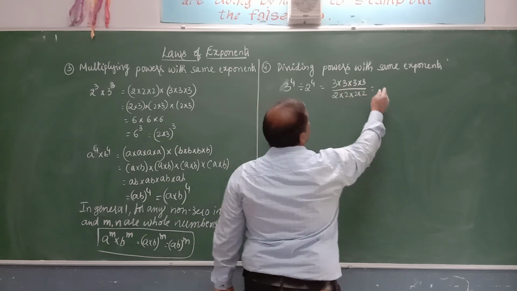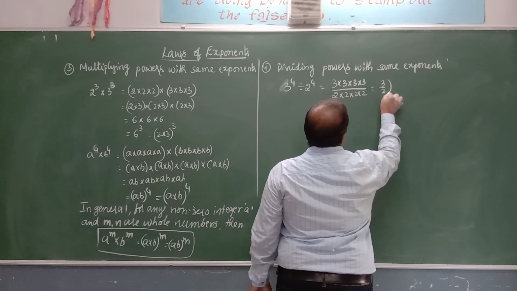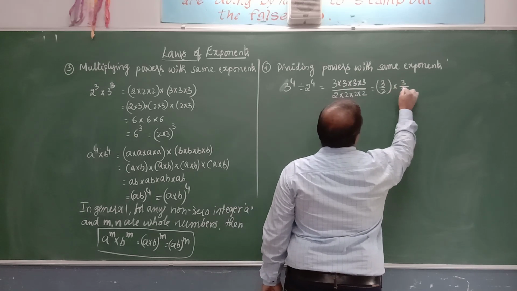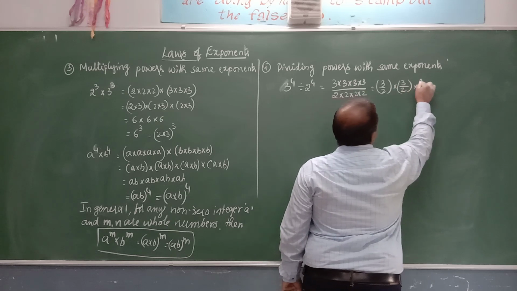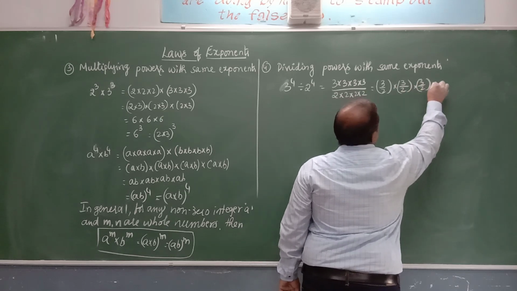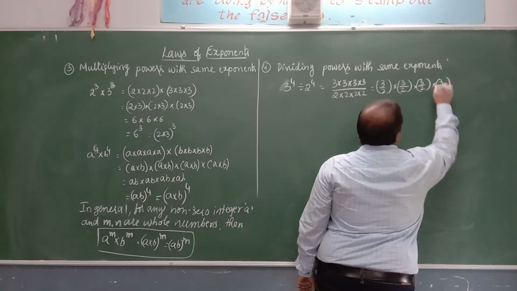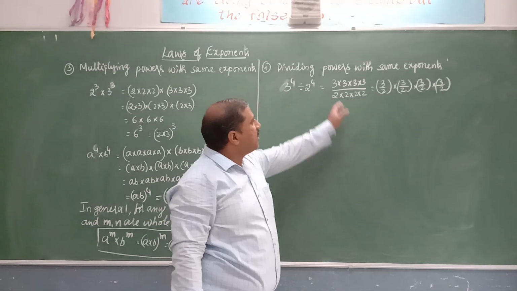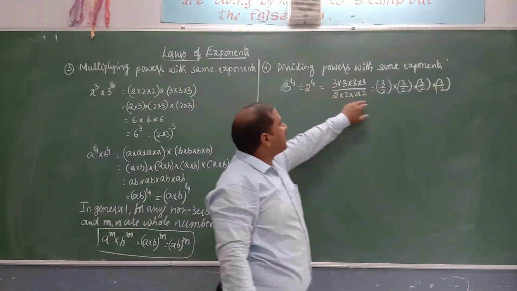Now you rearrange them as 3 divided by 2 into 3 divided by 2 into 3 divided by 2 into 3 divided by 2, like this 4 times you get.